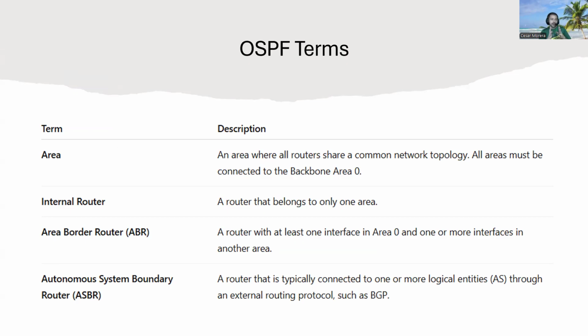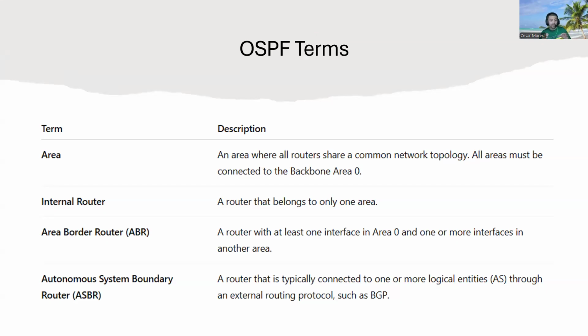An area is basically where all routers share a common network topology. All areas must be connected to the backbone area 0. An internal router is a router that belongs to only one area.